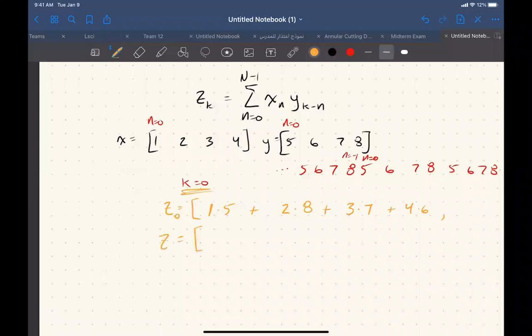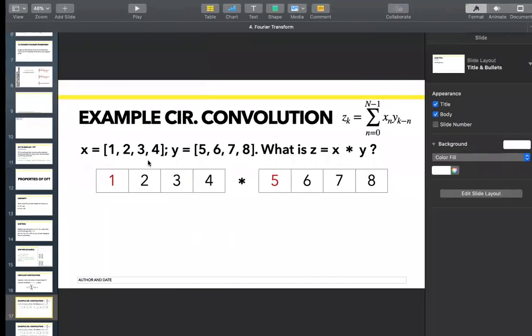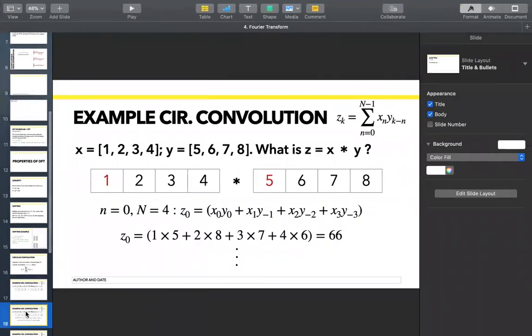We could define it z0. 1 times 5, that's 5 plus 16 plus 21 plus 24. What's that going to give us? What's in the slides? 66.